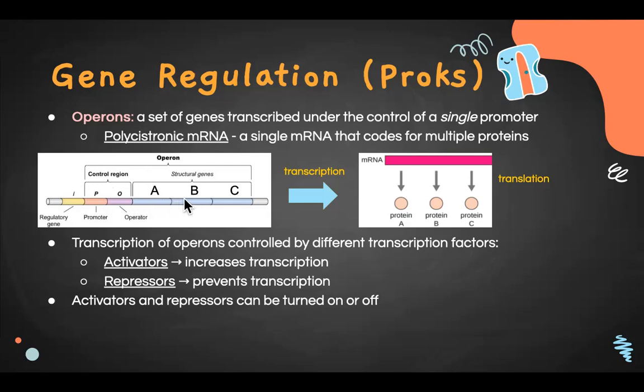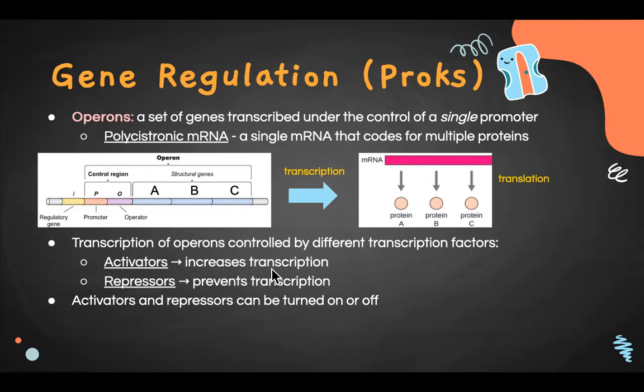It's going to transcribe the entire set of genes, and that's why it's a single mRNA strand. But that single mRNA strand is going to code for 1, 2, 3 different proteins. So you get transcription, one strand, 3 different proteins, and then the proteins are made through translation. Okay.